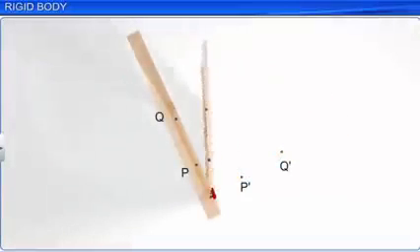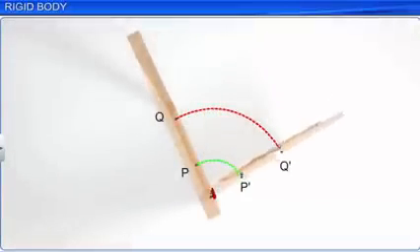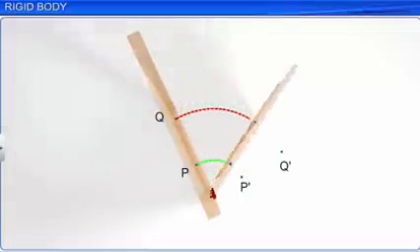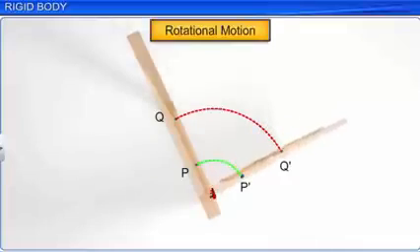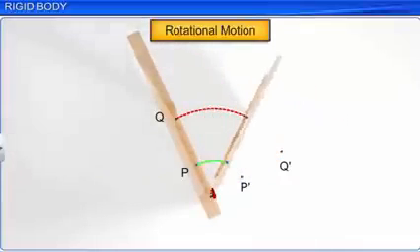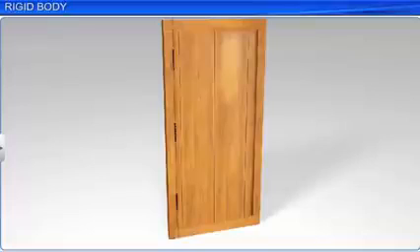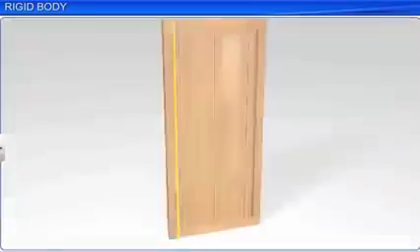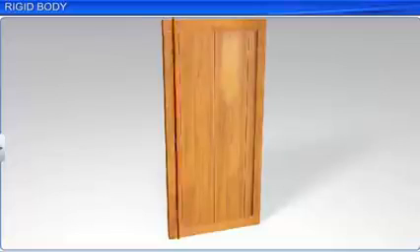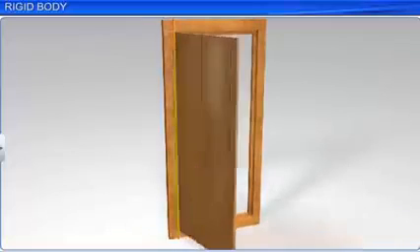Hence, the motion of the door is not translational. This is known as rotational motion of a rigid body. The door is fixed to a line passing through the hinges. This fixed line about which a rigid body rotates is called the axis of rotation.